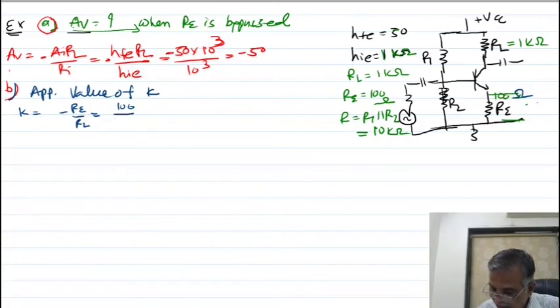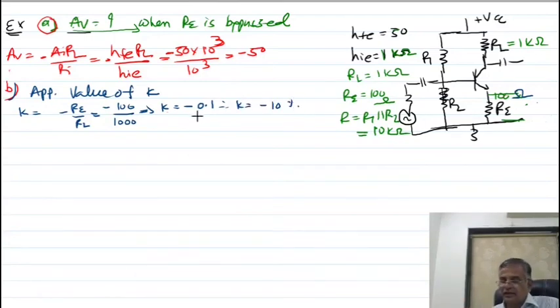100 upon 1 kilo ohm. So from this, the value of K is nothing but minus 0.1. So K is minus 10%. You multiply by 100, you will get the percentage. So minus 10%. So very easy.